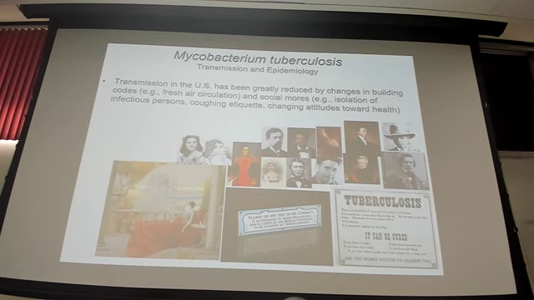Some of the signs and symptoms with tuberculosis were considered to be beautiful, like the anorexia, the rosy red cheeks, the twinkling, staring eyes, the glossy eyes.